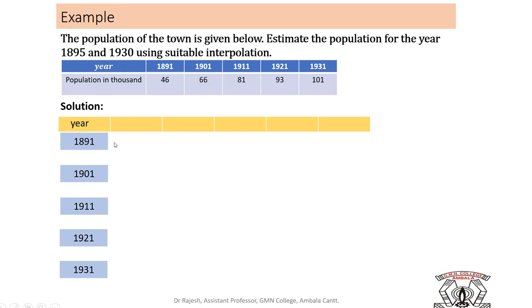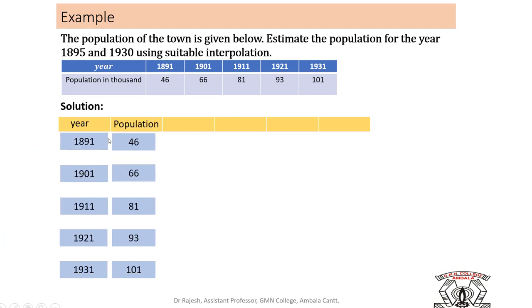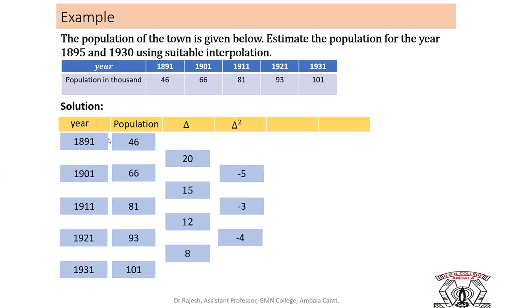So firstly we shall form the table, that is, the difference table. This is the population, first order, second order, and you know how to make it. 66 minus 46 is 20, 81 minus 66 is 15, 93 minus 81 is 12, 101 minus 93 is 8.